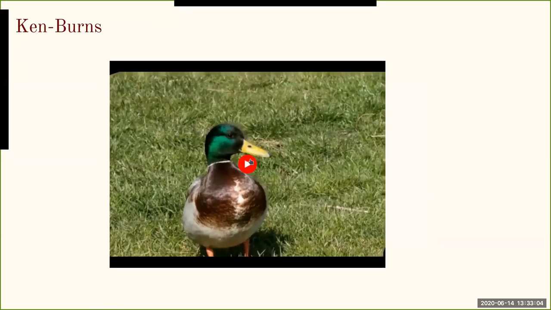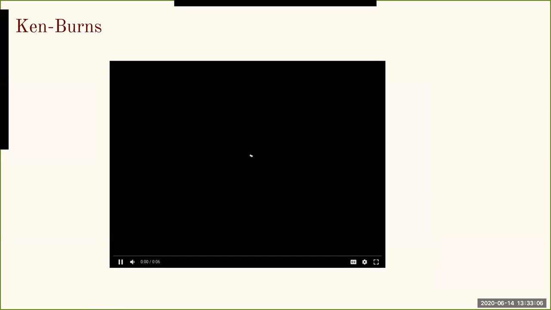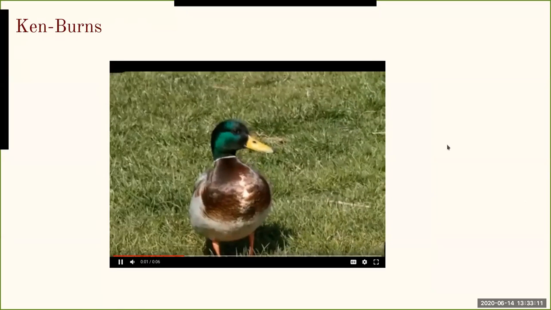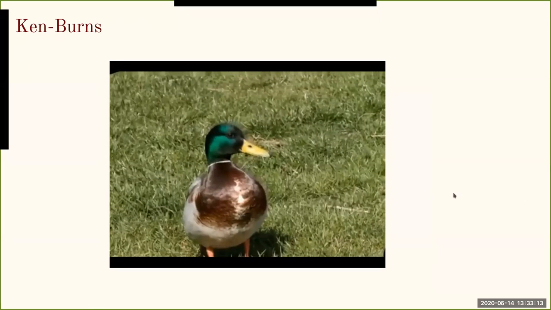This is Ken Burns method. It does a pretty bad job in just zooming. This is Ken Burns method. We can see that there is a halo like the Facebook method, and this is our method. What our method does is it creates a context over 3D immersion.